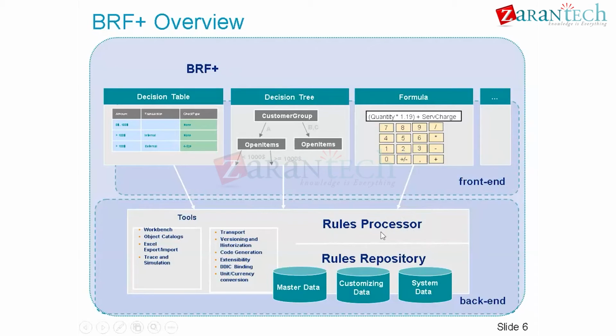The rule processor will accept values from this decision table, say one of the expressions, and return the value in the form of output. The same goes for the decision tree: it will receive values from one of the tree items and return the output of another item. The same goes for the formulas and for other expressions as well.